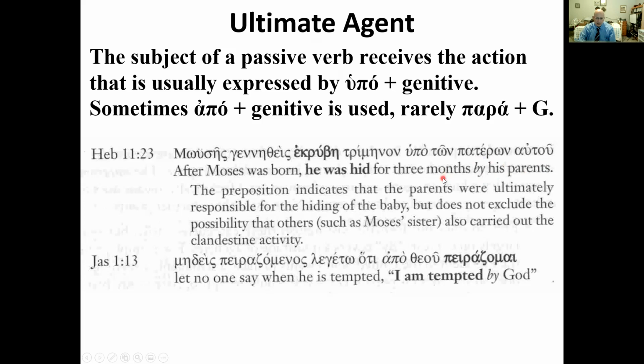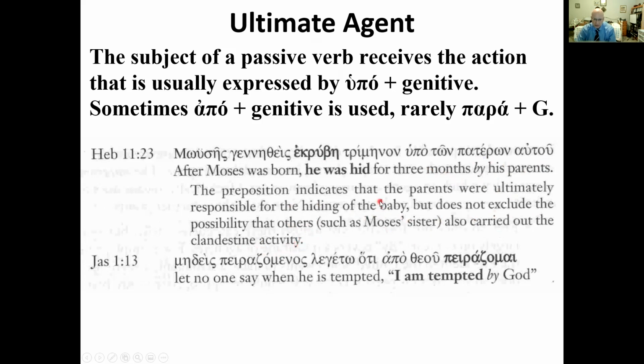The preposition indicates that the parents were ultimately responsible for the hiding of the baby. That does not exclude the possibility that others, such as Moses' sister, also carried out the clandestine activity.